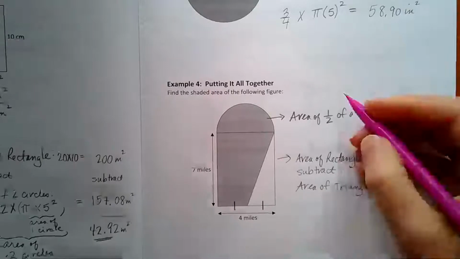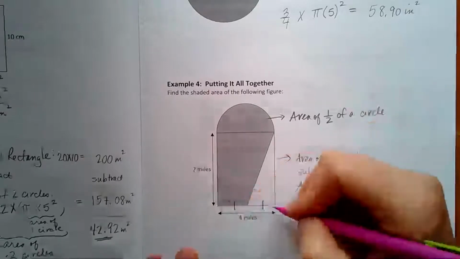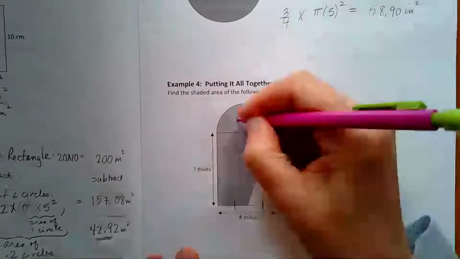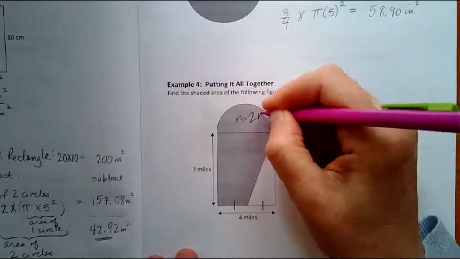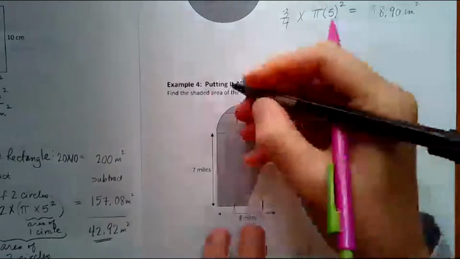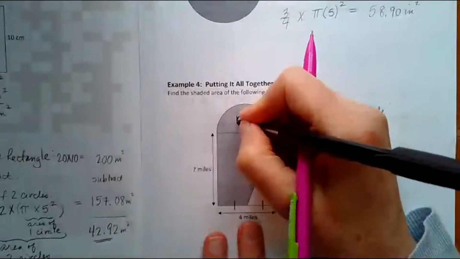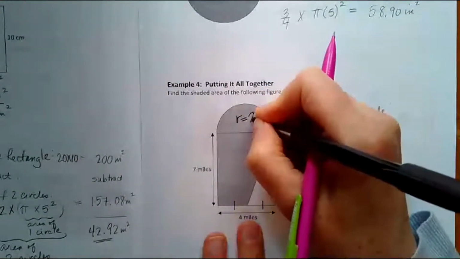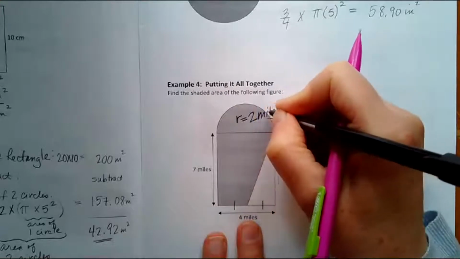So what do I have here? All the way across is 4 miles. So the radius equals 2 miles. I don't know if that shows up, so I'm going to just do it in black. Radius equals 2 miles.